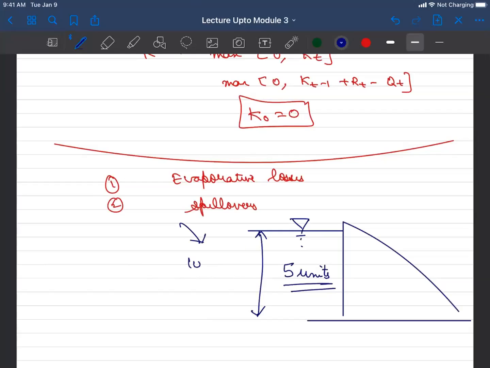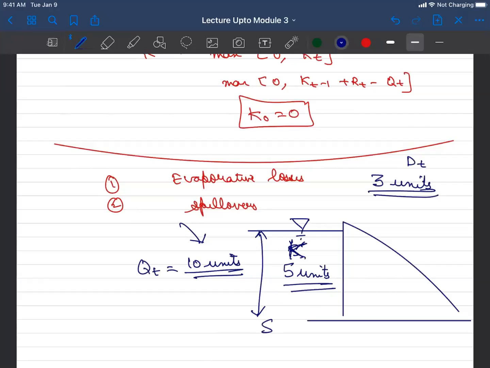In a given month, you got 10 units of precipitation. There was a demand of 3 units. So this becomes our d_t. This becomes our q_t, what is incoming, right? This is our capacity at any time t.